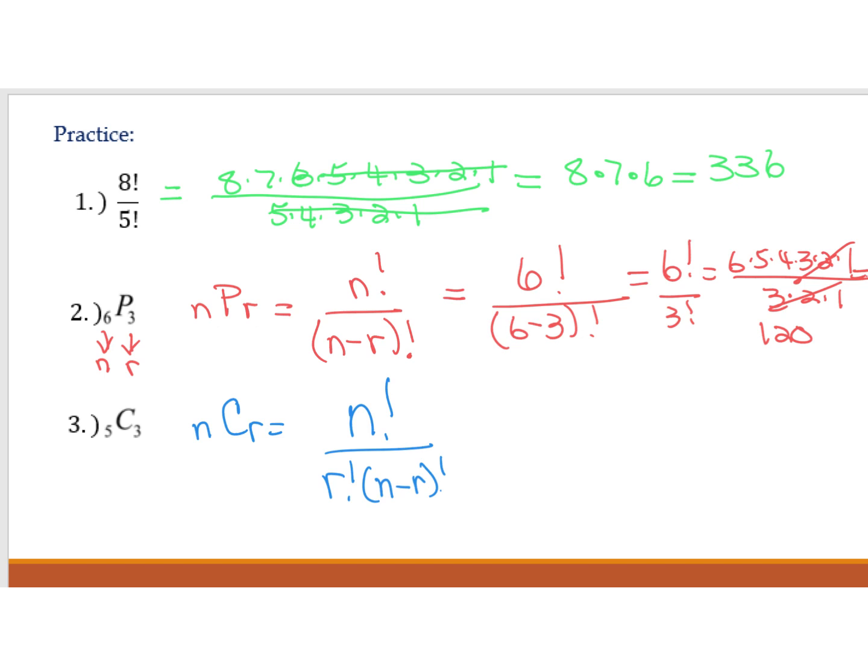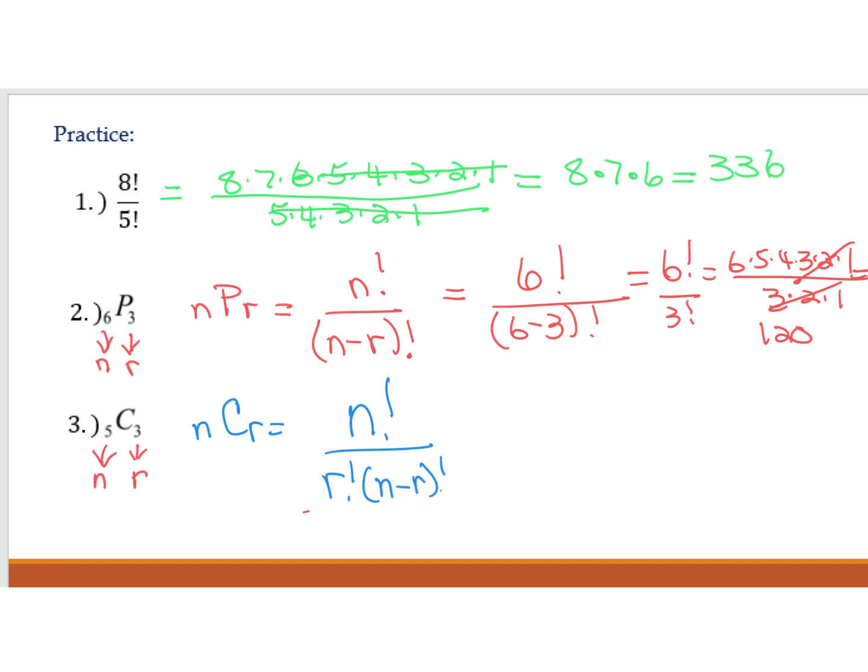Okay, on example 3, we have a combination. The value of n is 5. The value of r is 3. And I'm going to plug into my formula.